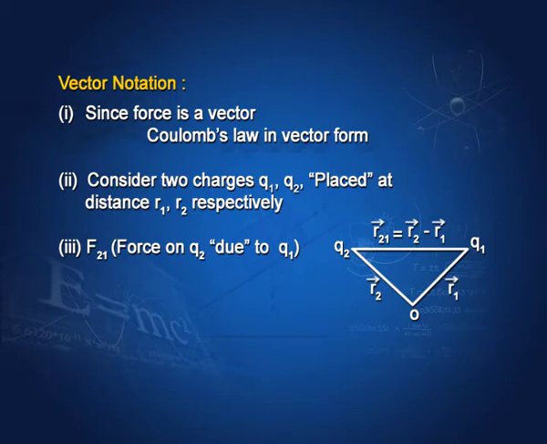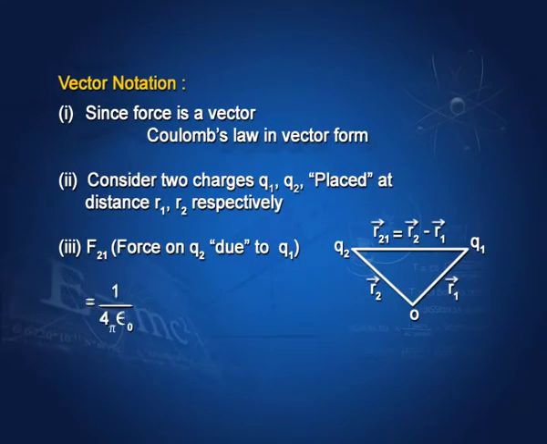Then I will be able to know how much force the charge q2 exerts on the charge q1. But there is something missing, and that is the direction. We must not forget that force, being a vector, should have a direction, that is, the direction in which it is acting.